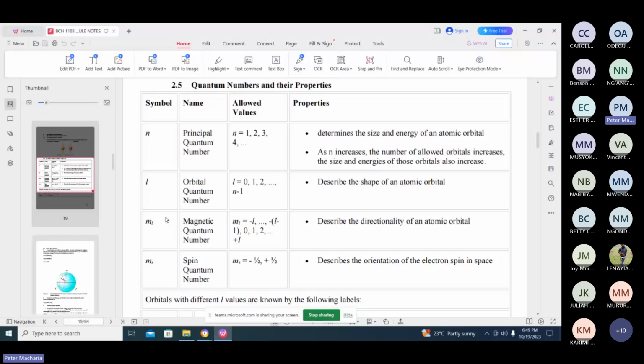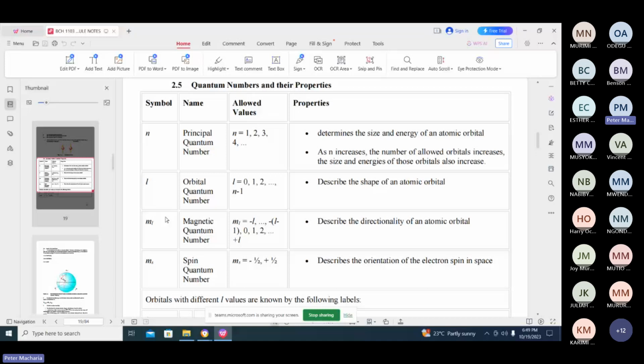We have said that L equals 0 is the S sub-level, so the S sub-level has only one orbital, 0. There's only one orbital in S.